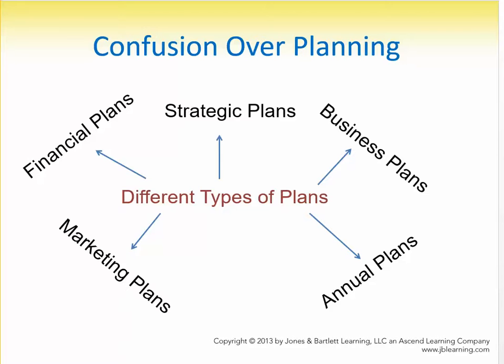This type of planning activities are necessary, and they include plans on the slide that you see here, which include financial plans, strategic plans, business plans, annual plans, and marketing plans. Now, all of these can be very confusing in theory and in practice.